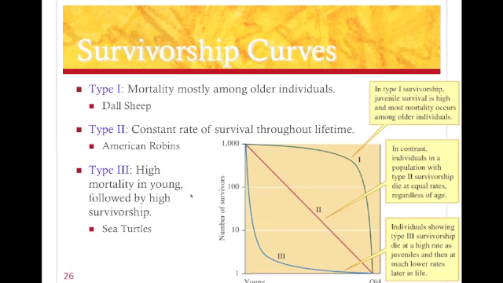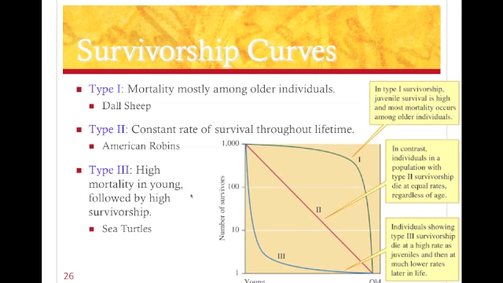Okay, so type 1, type 2, type 3, these are just some characterizations about them. Type 1 mortality is mostly among older individuals. Humans we brought up, but another one would be sheep. That's the reason why we put Dall's sheep here: Dall's sheep were among the first studies to demonstrate the difference between type 1, 2, and 3. So Dall's sheep, perfect example of type 1. Type 2, American robins.